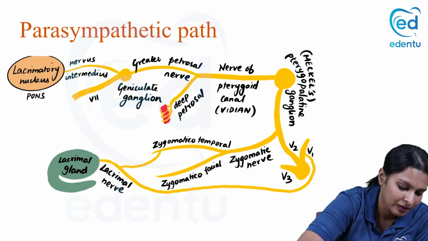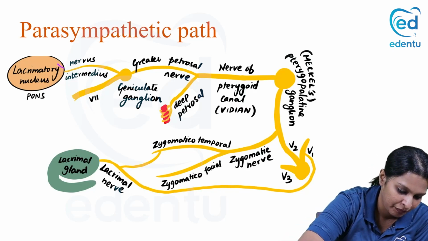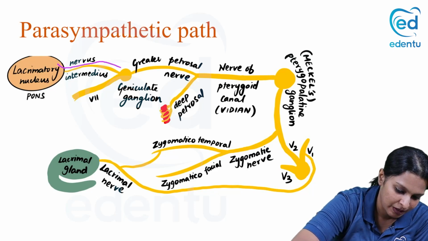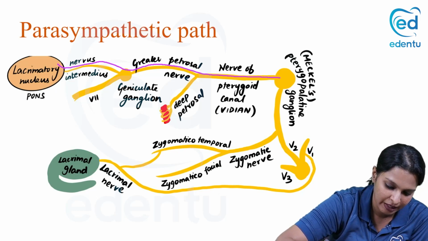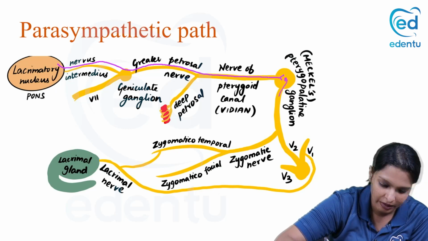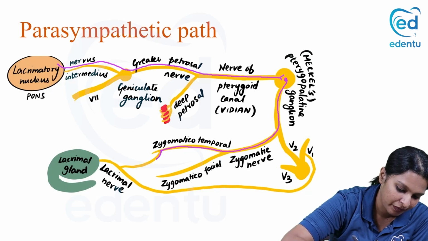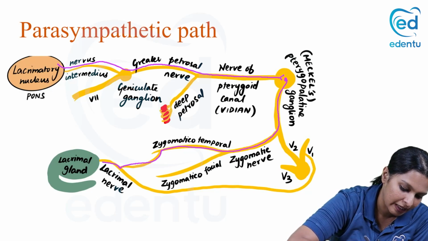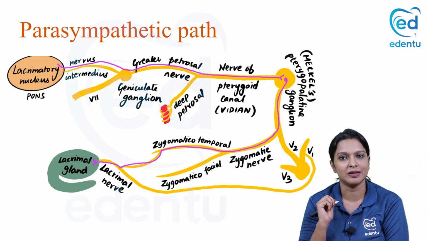So if I am drawing an arrow tracing the pathway: nucleus, nervus intermedius, geniculate ganglion, greater petrosal nerve, nerve of pterygoid canal. Here it goes through maxillary nerve, zygomatic nerve, zygomatico-temporal, the connection, lacrimal nerve to the gland. So this is the pathway.